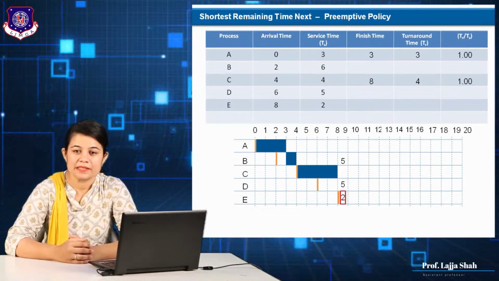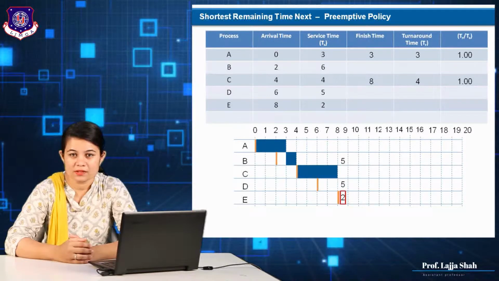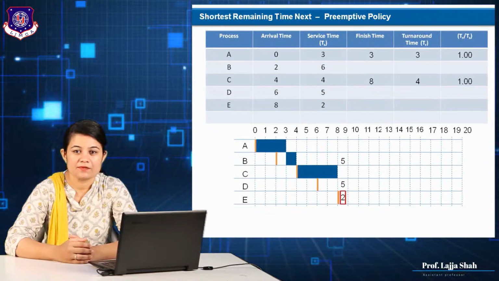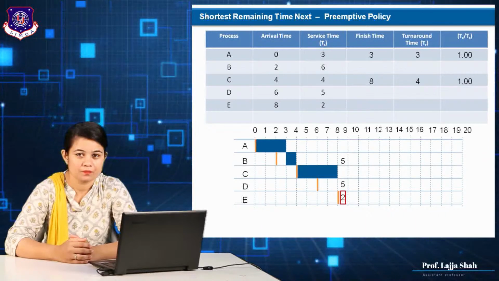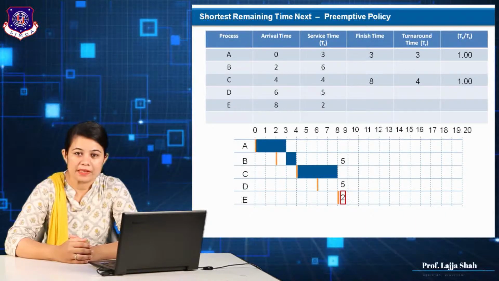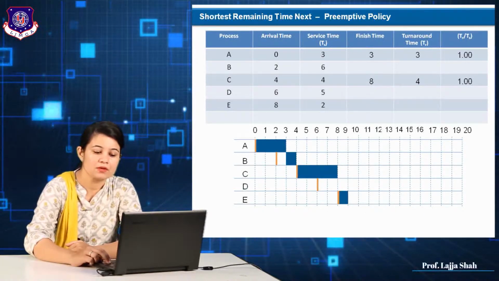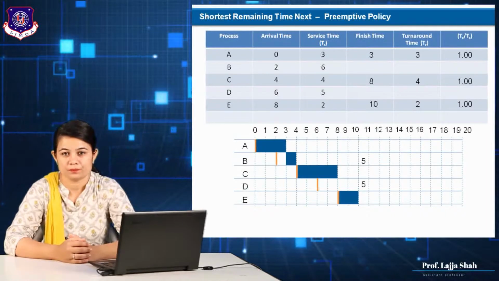Process B's remaining time is 5 seconds. Process D is left with 5 seconds and process E is left with 2 seconds. So process E has the shorter remaining time.